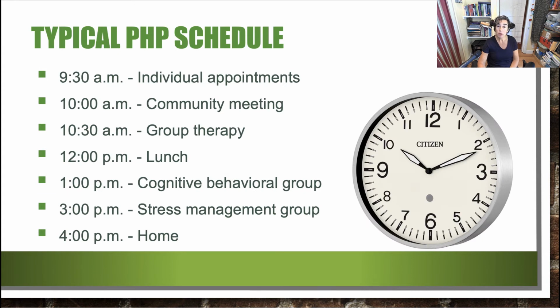Here's a typical schedule in a PHP. So as you can see, it goes from 9:30 to 4, and it includes individual appointments, a community meeting, several different group therapy sessions, lunch, which is provided, a CBT group, a stress management group, and then the client goes home at the end of the day.